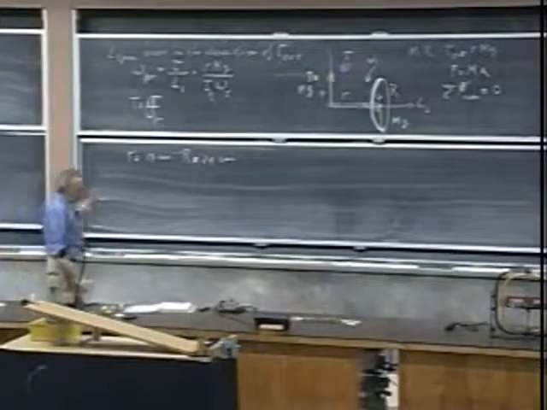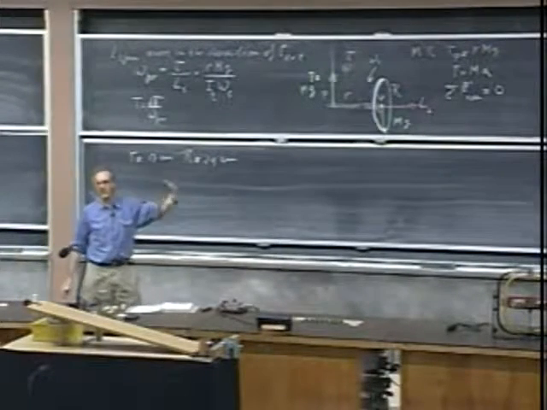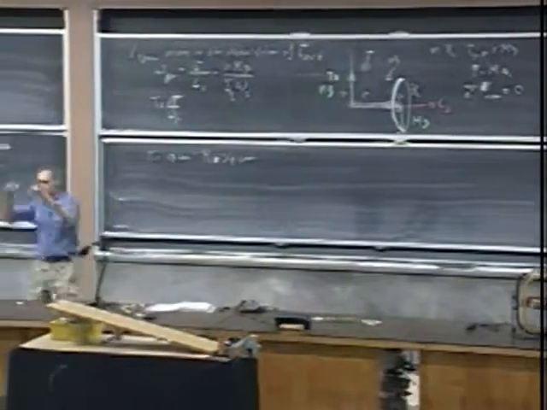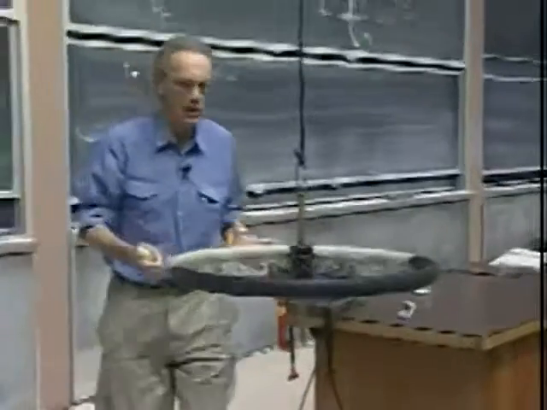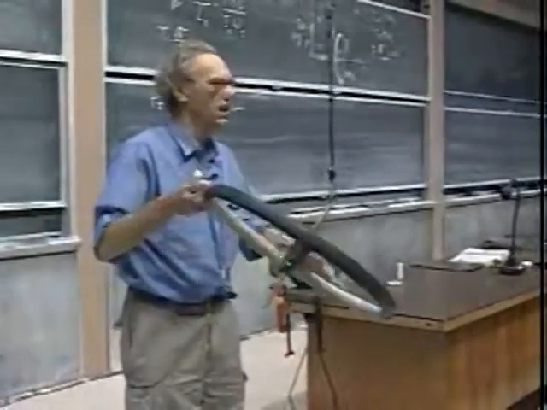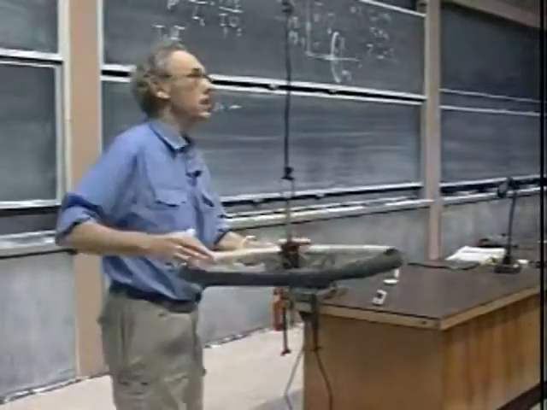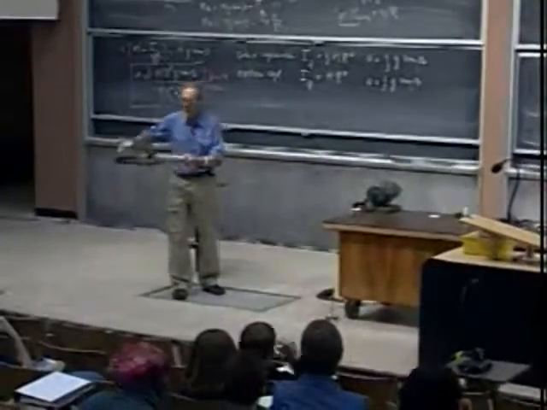And let me make the assumption that all the mass of the bicycle wheel is at the circumference, which is not very accurate, but it's close to that. I mean, there are some spokes here, but let's assume that everything is here, so then the moment of inertia is mr squared.